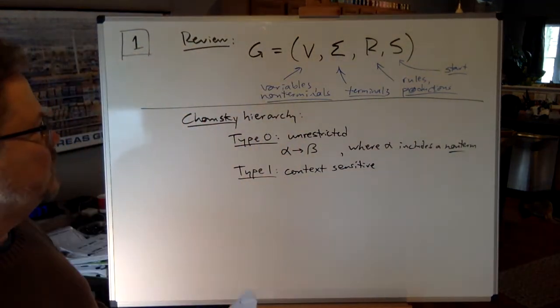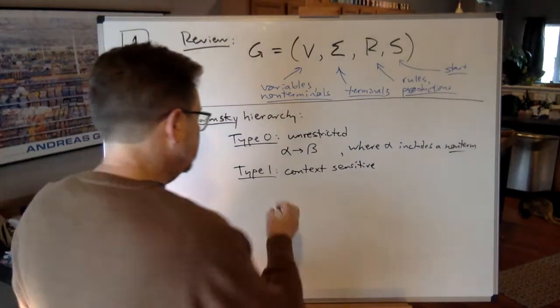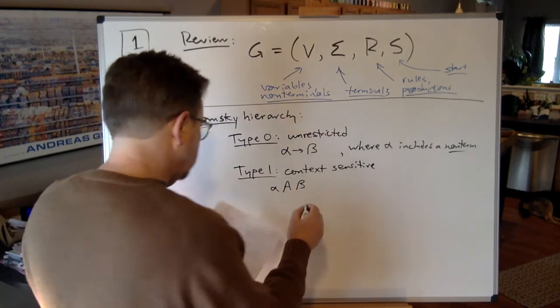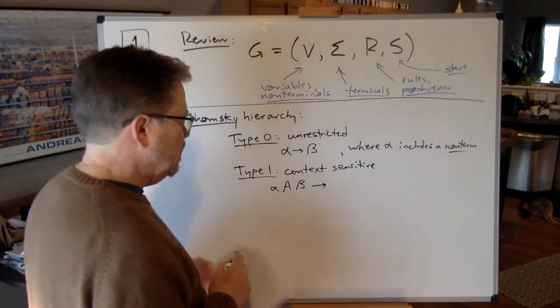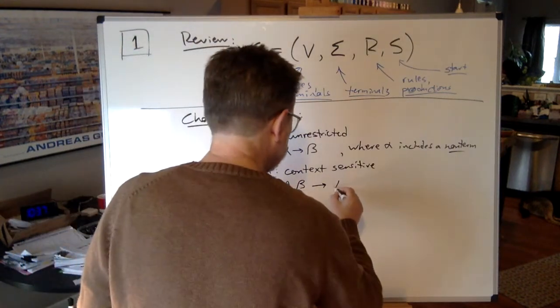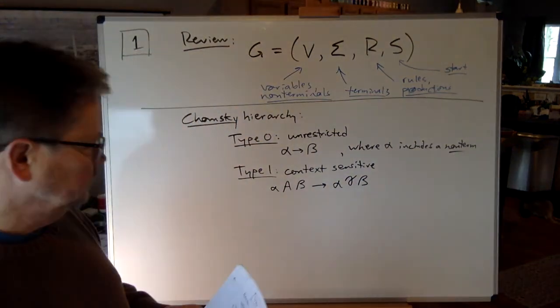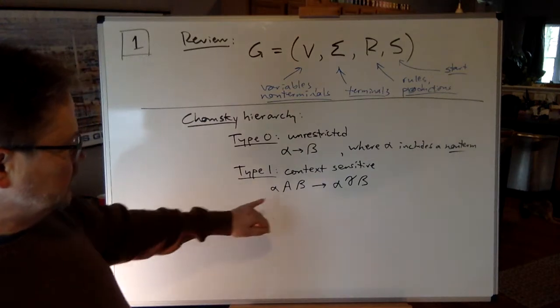All the pieces of G equals V, Sigma, R, S are the same, except the production rules have to be in this format: alpha A beta can be replaced by, or I'll often read that as goes to, alpha gamma beta. I won't write out a long definition over there, but let me describe this.